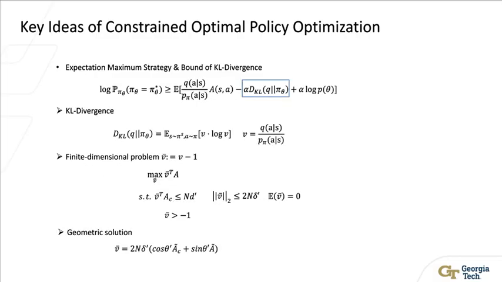So next, we get into the detail of the maximization of the lower bound. It's an interesting story because when we get involved in the KL divergence, the KL divergence is actually a formula related to the policy probability ratio. And this ratio has an optimum. When the current policy is the optimal policy, this ratio equals 1, which means that V equals 1, then we get the optimal policy.